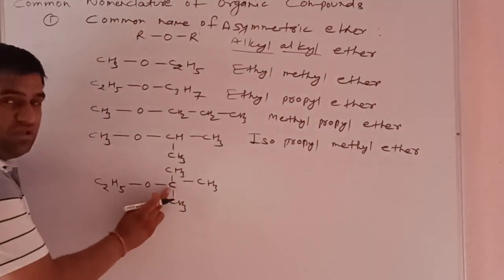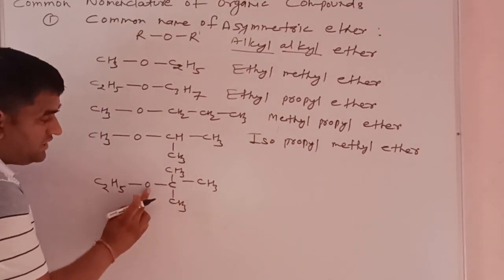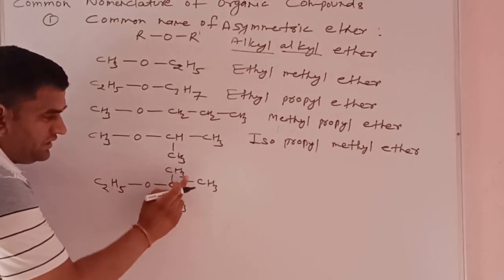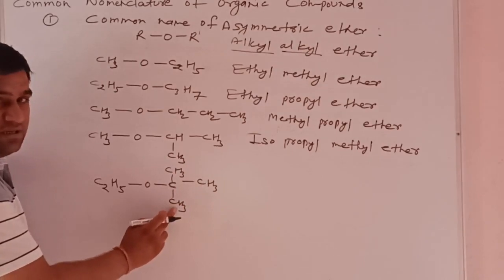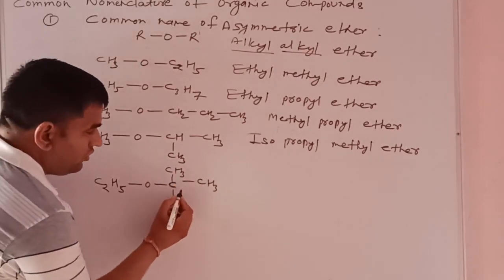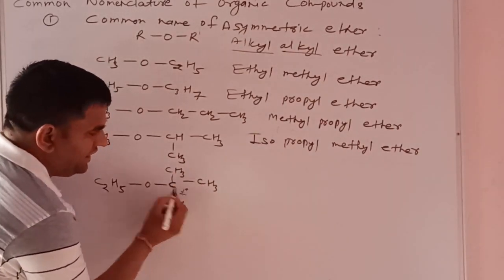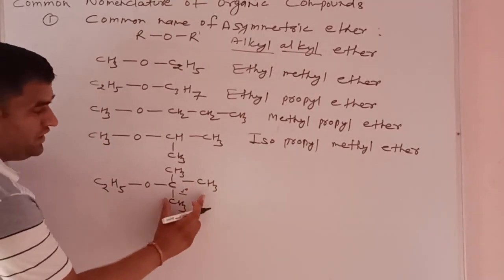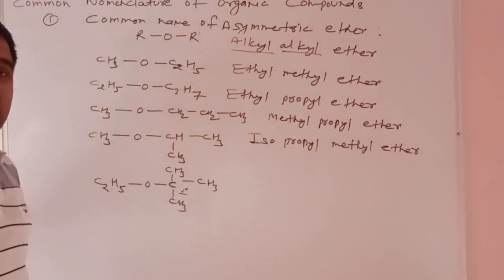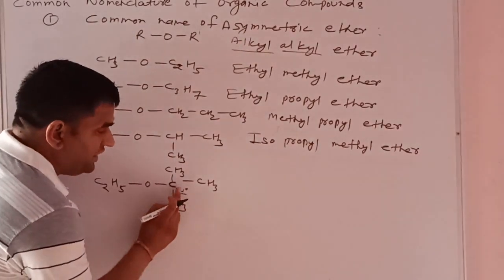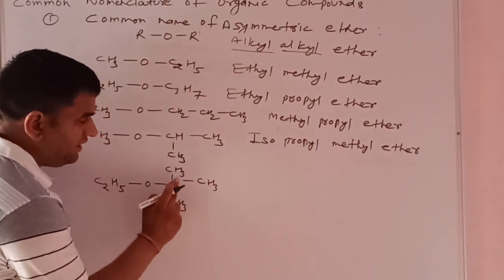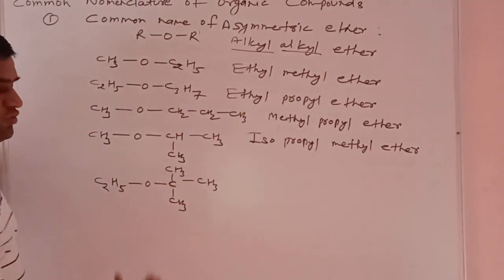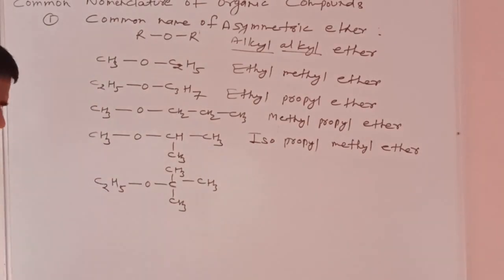Notice, this carbon is attached with oxygen, and this carbon is attached with other 3 carbons directly. So this carbon is 3 degree and the total carbon is 4. So this group is called tertiary butyl. For 3 degree carbon, tertiary, and 4 carbon, butyl. So this group is tertiary butyl.